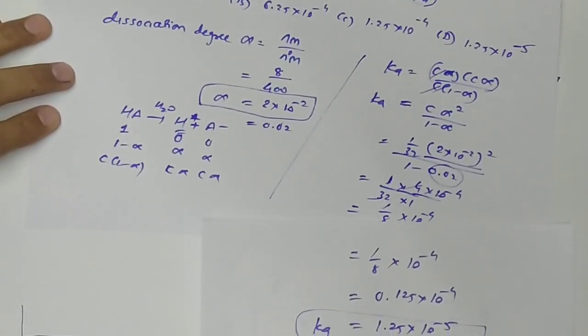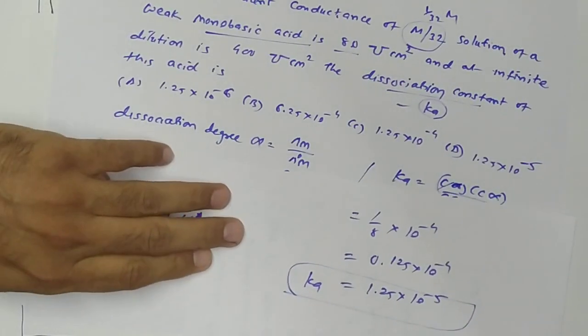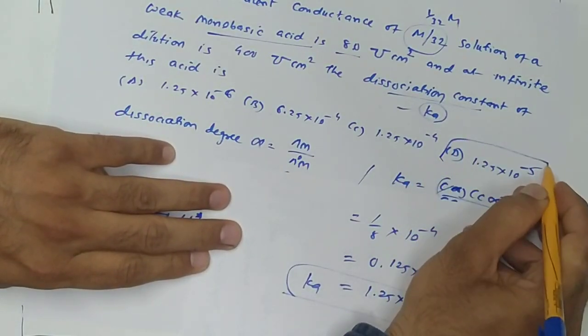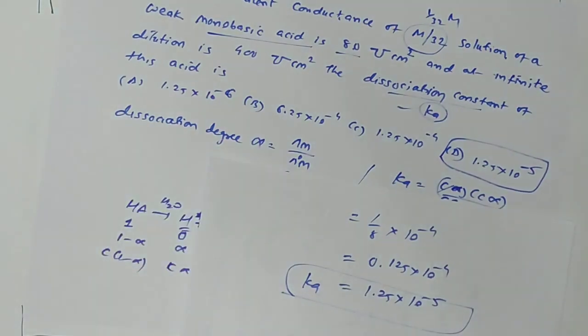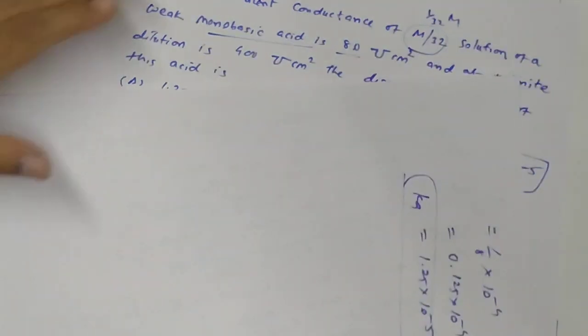So our answer is D, 1.25 × 10^-5. Clear?